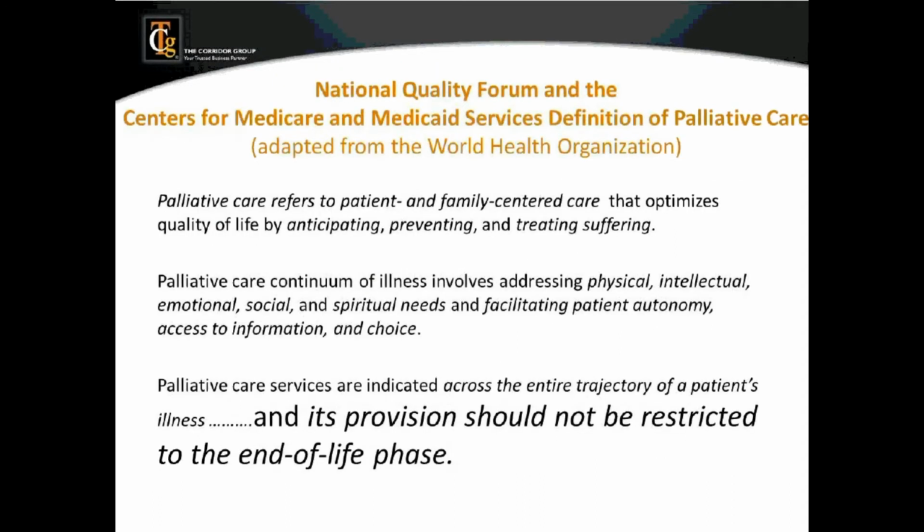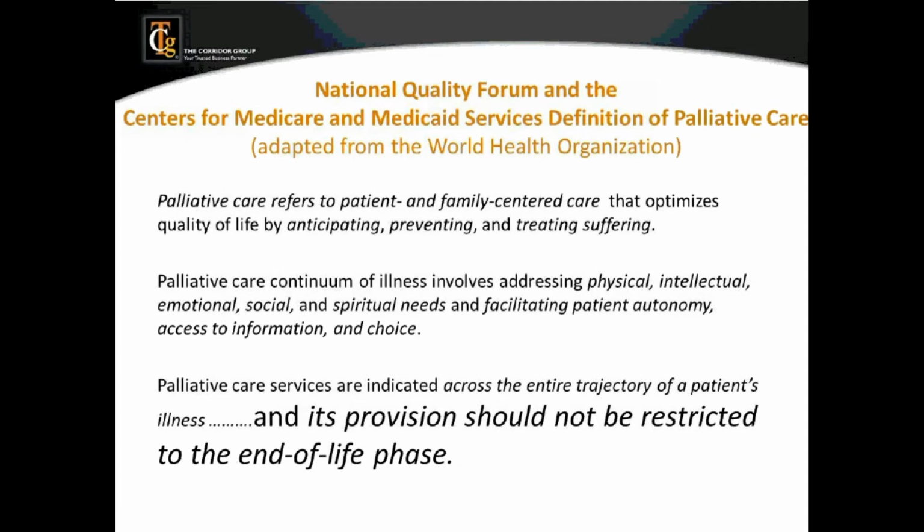The National Quality Forum and the Centers for Medicare and Medicaid Services, CMS, have defined what palliative care is. Palliative care refers to patient and family-centered care that optimizes quality of life by anticipating, preventing, and treating suffering. That suffering within the illness can be physical, intellectual, emotional, social, and spiritual, and palliative care facilitates patient autonomy, access to information, and choice.